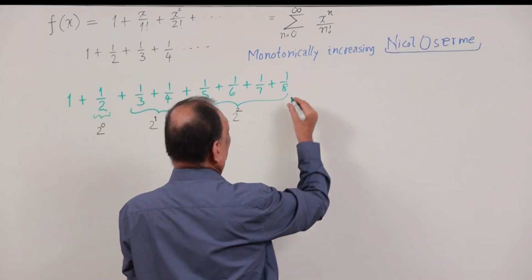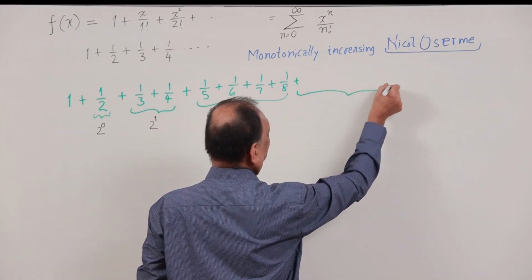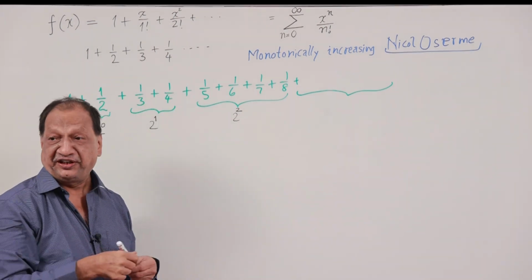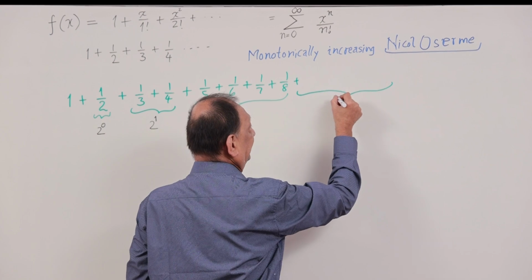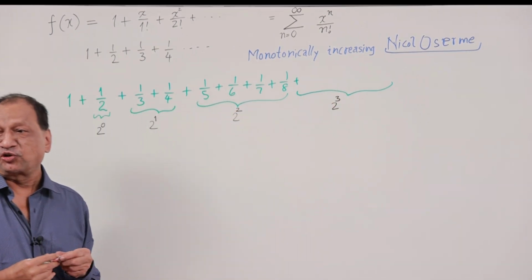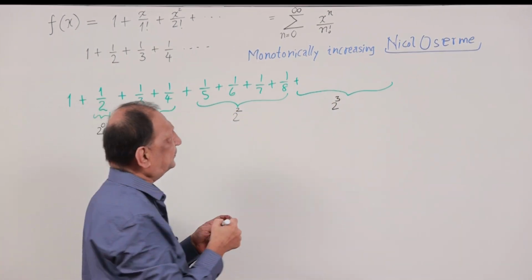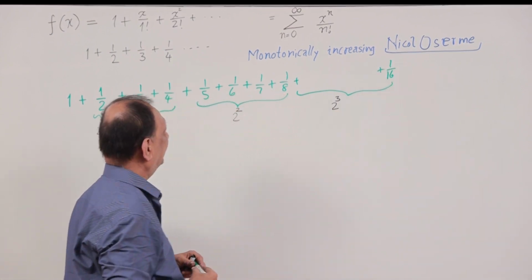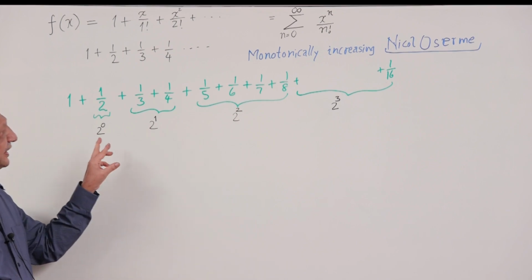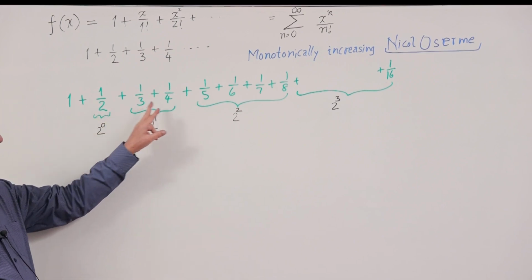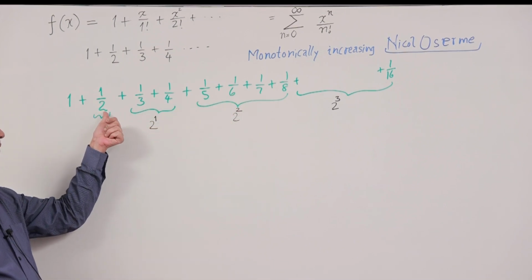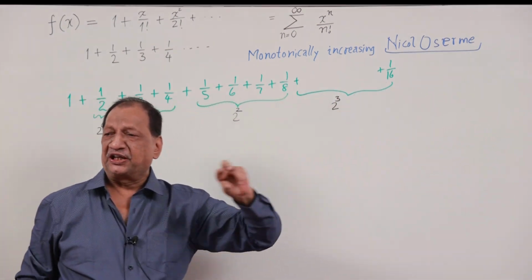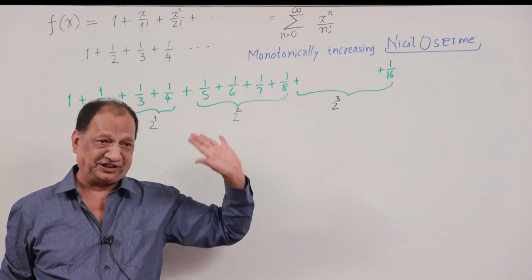And the fourth group, I will not bother writing it, starting from 1/9 all the way till 1/16, will be 2 power 3 numbers that I want to group together. The last of those will be plus 1/16, correct? You will see that the geometric progression that we had, 1/2, 1/4, 1/8, 1/16, will be the last members of each one of those groups. That's how I have grouped them.